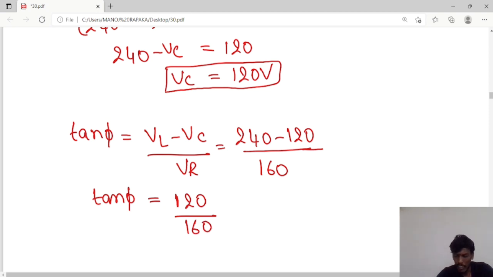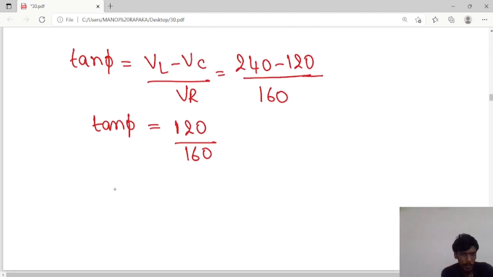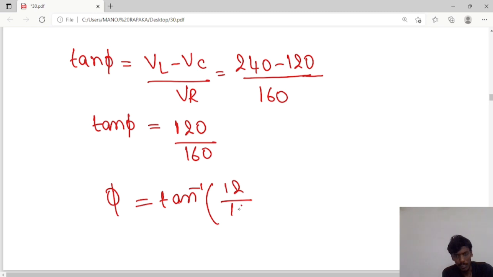So phi equals tan inverse of 12 by 16. So the phi value will be 36.86 degrees.